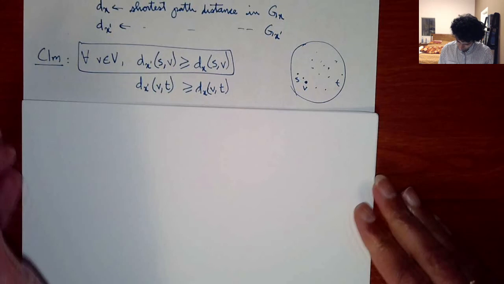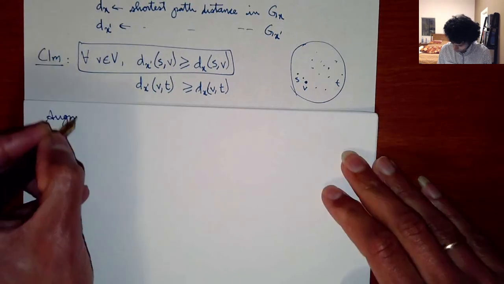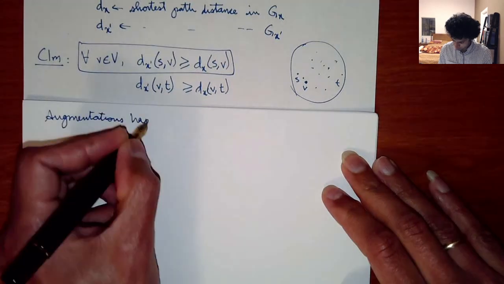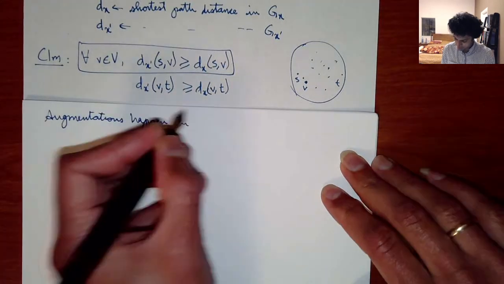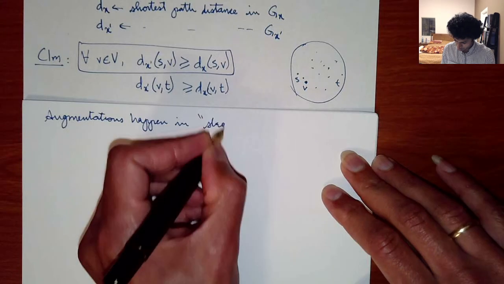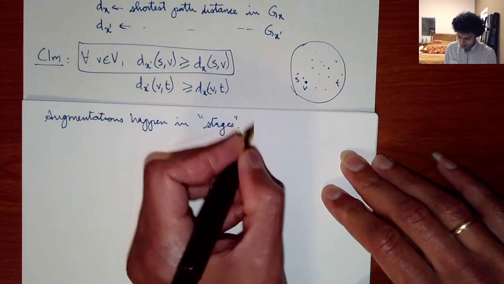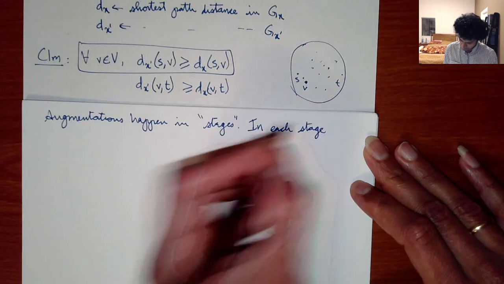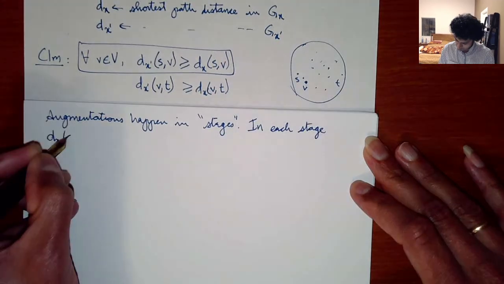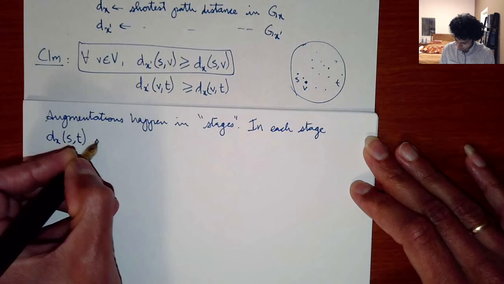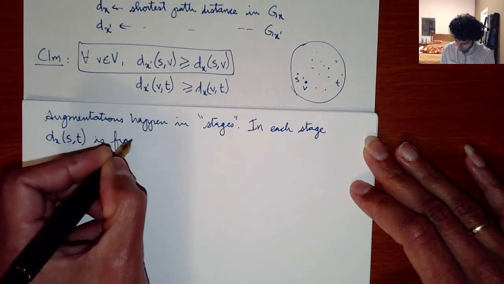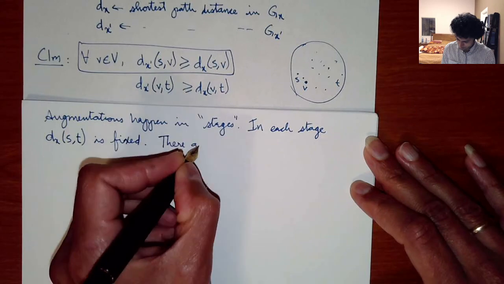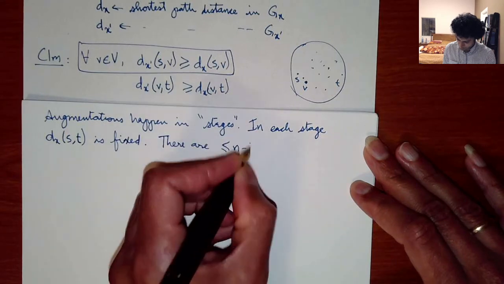So the augmentations happen in stages. In each stage, dx ST is fixed. So there are at most n-1 stages.